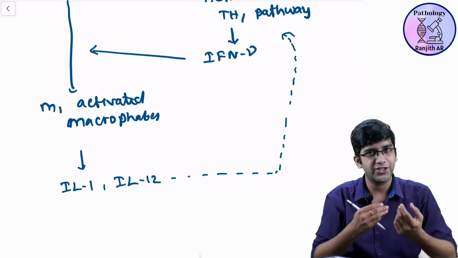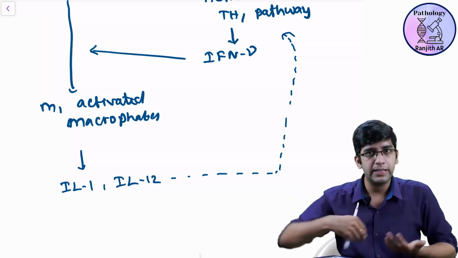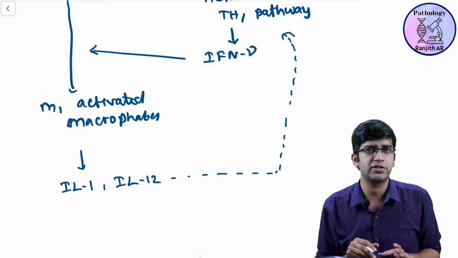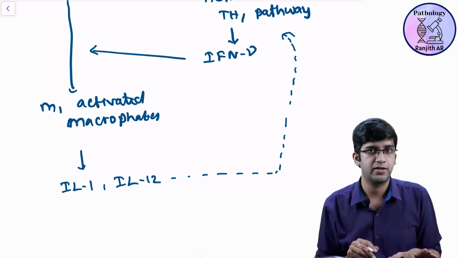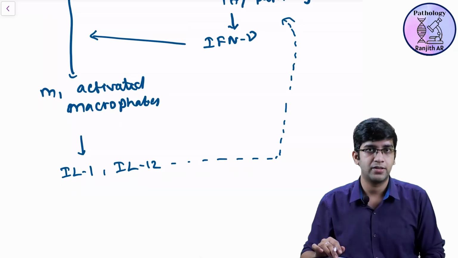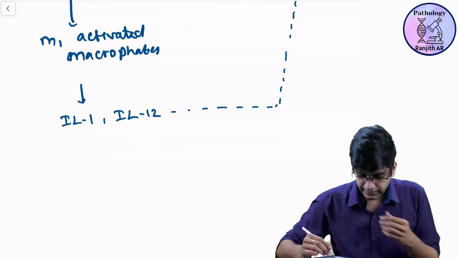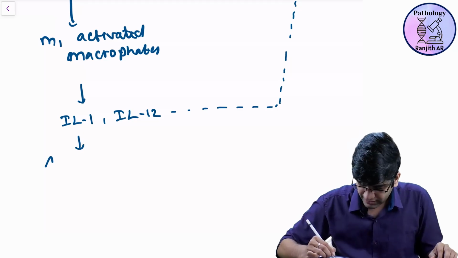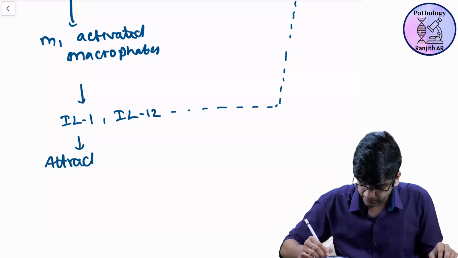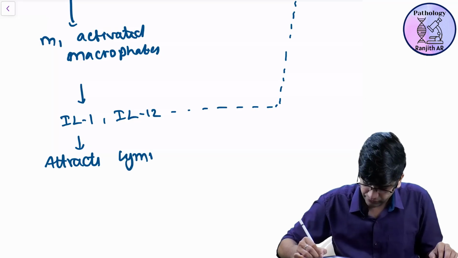Like a vicious cycle, each helps the other and produces more and more activated macrophages. Then interleukin 1 is going to attract more lymphocytes.